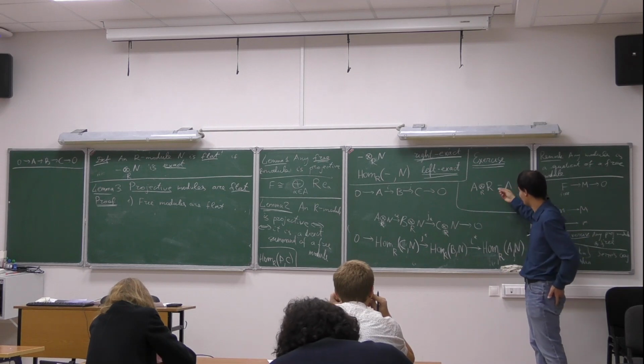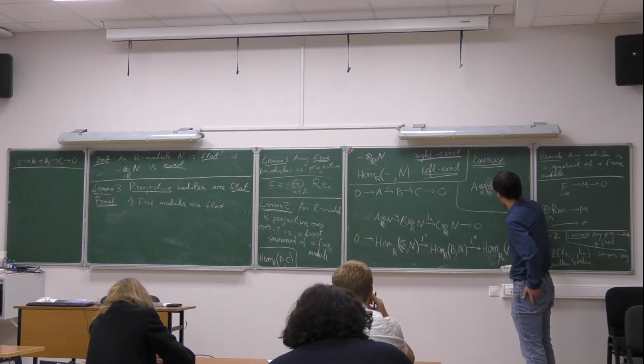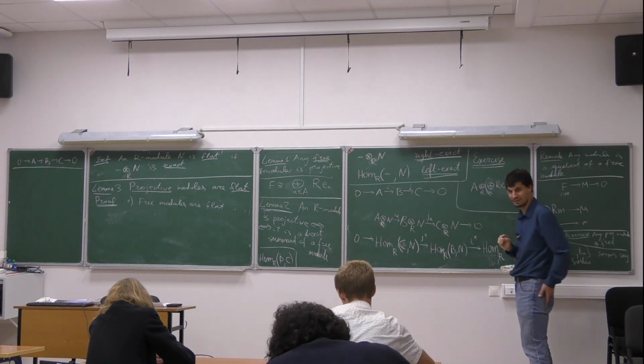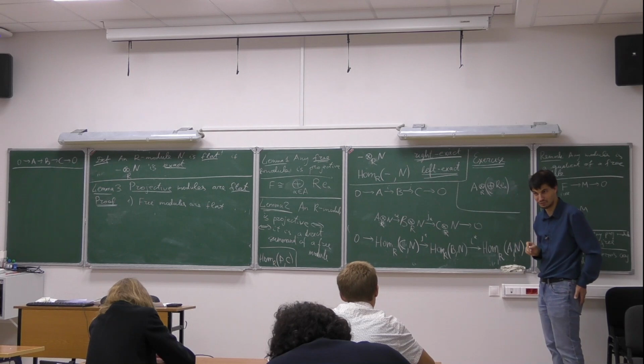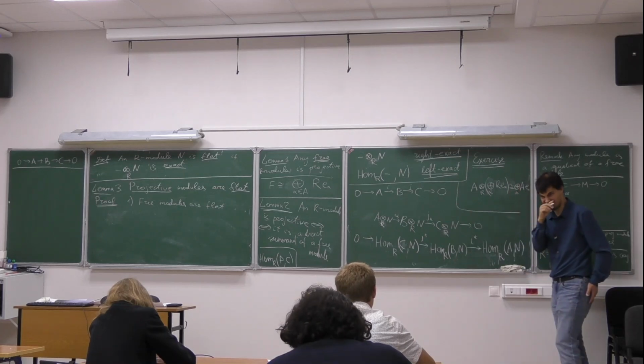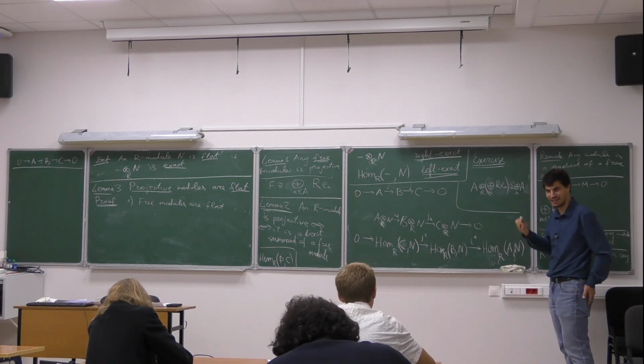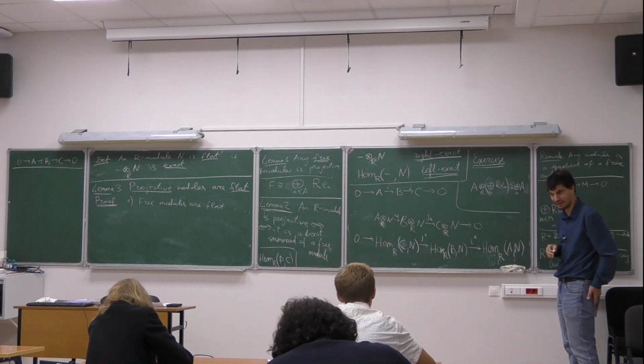So if we take the tensor product with a free module, which is a sum of modules isomorphic to R, then we have a direct sum of copies of R, indexed by alpha.